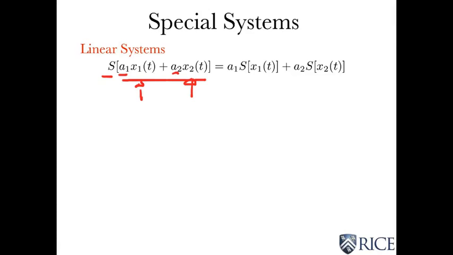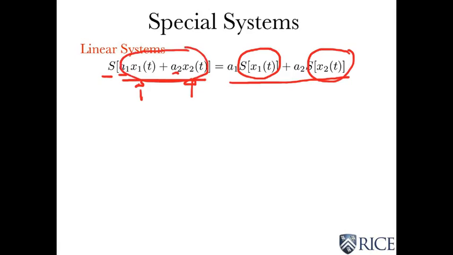The output to that sum is the sum of the outputs to the simple signals. So if you put in x1 by itself into S, you get that for an output. Put in x2 by itself, you get that. You add those two together with the weighting constants, that's the same as if the system saw this sum presented to it as an input.